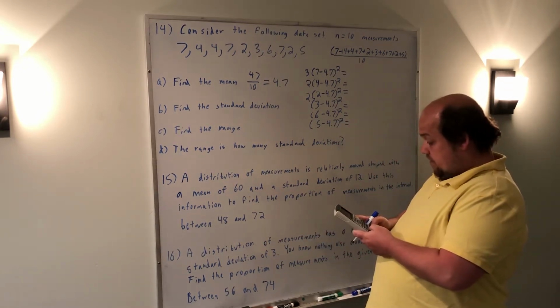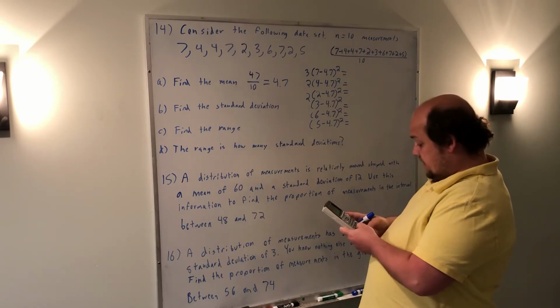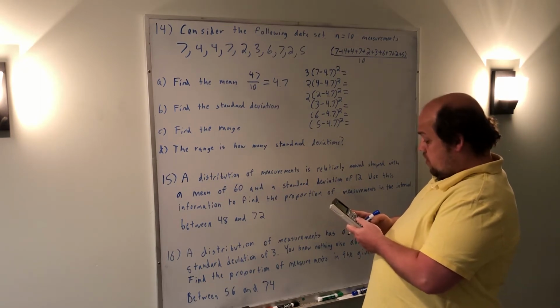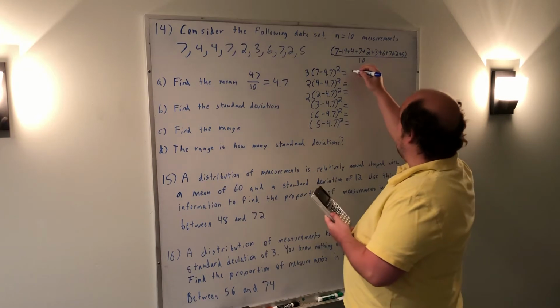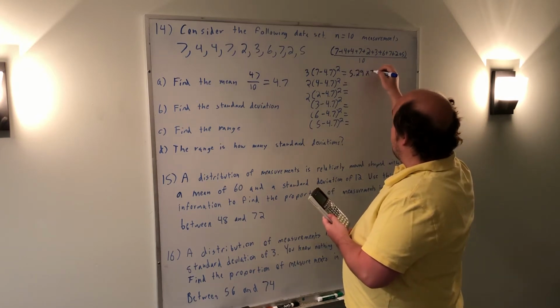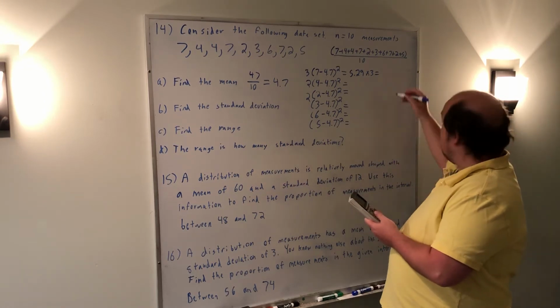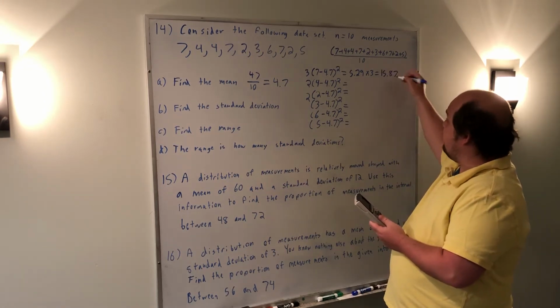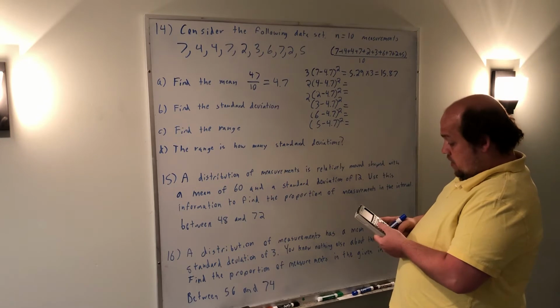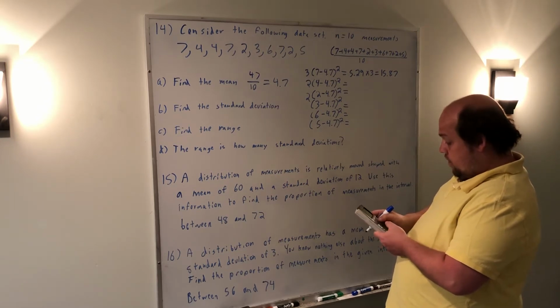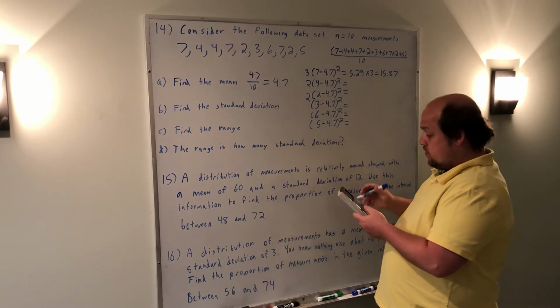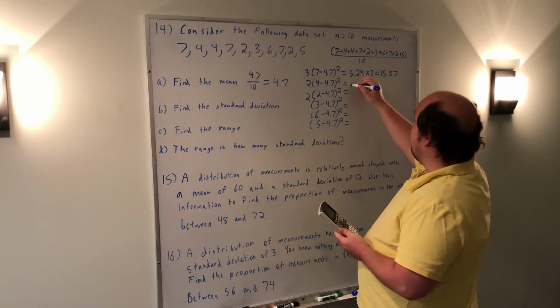When I do 7 minus 4.7 quantity squared, my calculator tells me that that's 5.29. I'm then going to multiply that by 3. That gives me 15.87. When I go ahead and do it for 4 minus 4.7 quantity squared, it gives me 0.49.